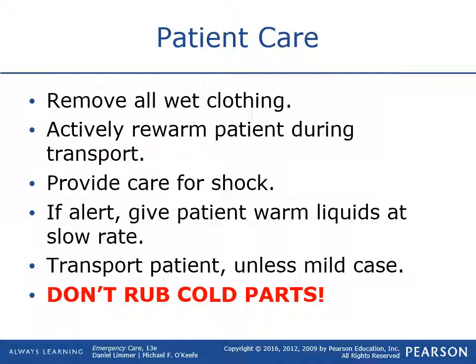For patient care, get them out of their wet clothes into a nice warm area. Actively rewarm the patient if they're severely hypothermic: put heat packs in their groins and armpits. Always handle these patients with a lot of care, because where their blood has possibly formed into little crystals, you don't want to bump and prod them and possibly make one of those crystals shift around.